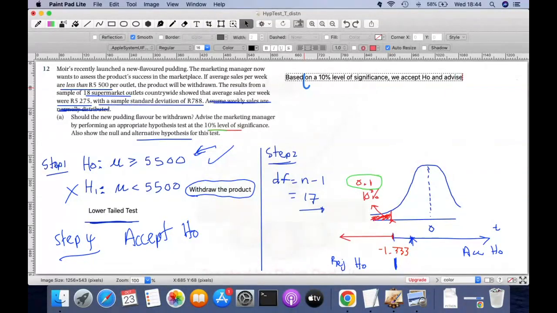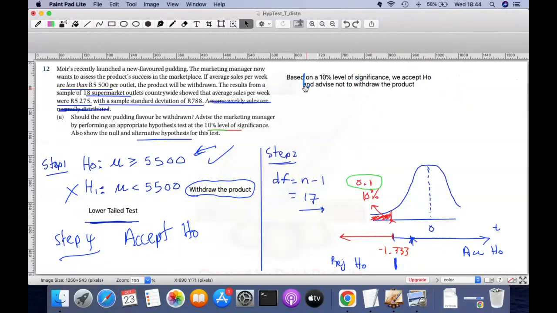You can write this how you want, but this is just my take on it. Advised not to withdraw the product. And that's your step 5.